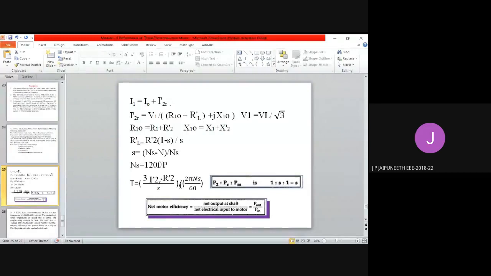Since it has been referred to the stator, the slip comes into consideration. So P2 will be equal to 3 into I2' square into R2' divided by S. Find what the P2 value is.